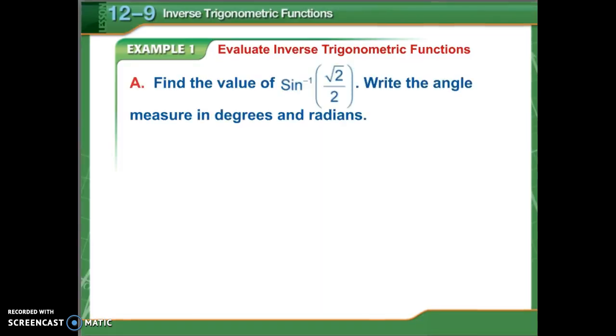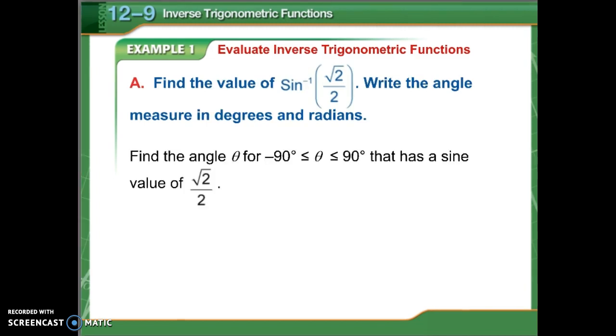Our first example is asking us to evaluate an inverse trig function. It says we need to find the value of the inverse sine of square root of 2 over 2, and we need to write the angle measurement in both degrees and in radians. So there's a couple ways of doing this. Basically what you want to do is think about the unit circle and find an angle on there that has a sine value, or a y value for the coordinate point, of square root of 2 over 2.